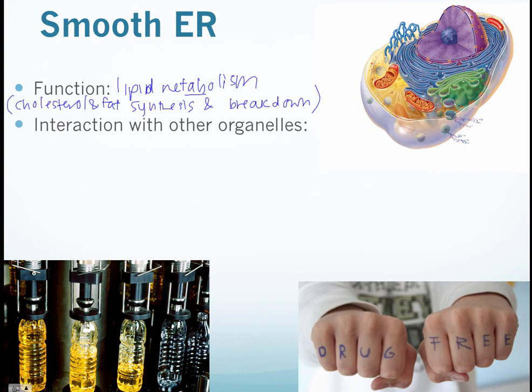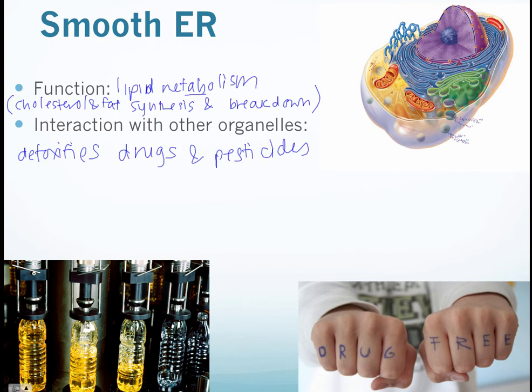And then how does this interact with other organelles? Well, this actually helps maintain the entire surroundings for the other organelles. So how does it do that? Well, it detoxifies drugs and pesticides.